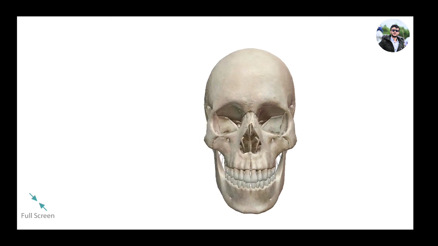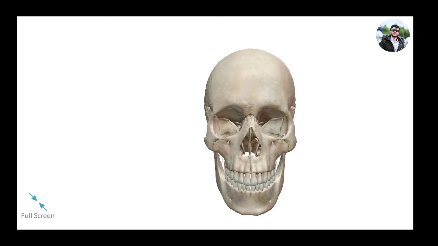Now the last point: we'll talk about the foramina in the frontal aspect. Starting from this point, there is a notch or foramen called the supra-orbital foramen, and beneath it there is the infra-orbital foramen, through which pass the infra-orbital nerve and vessels.